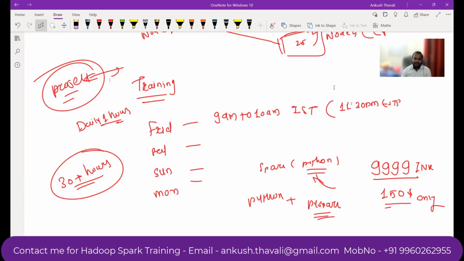I still remember when I started my career as a Hadoop developer, people were asking what is Spark. Now the level of interview questions keeps increasing, because at that time people were not working on Spark. Now people are working on it.